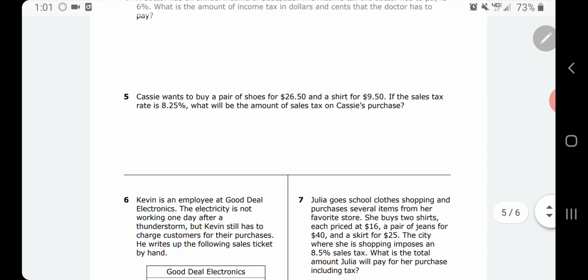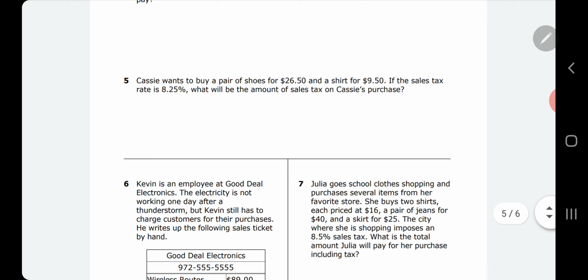All right, next question. Casey wants to buy a pair of shoes for $26.50 and a shirt for $9.50. If the sales tax rate is 8.25%, what will be the amount of sales tax on Casey's purchase? So we're just trying to find the sales tax. Okay. But of course, she's buying 2 different things, the shoes and the shirt.